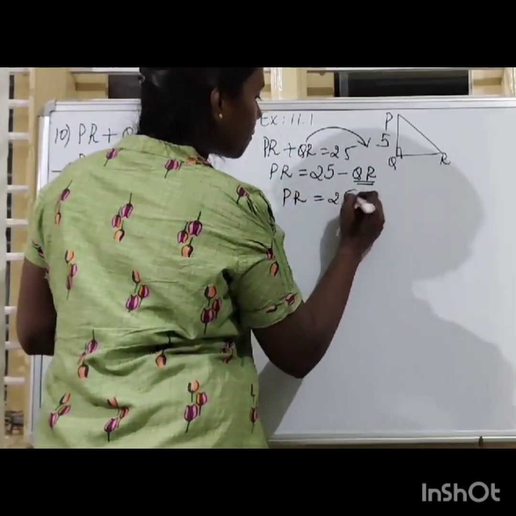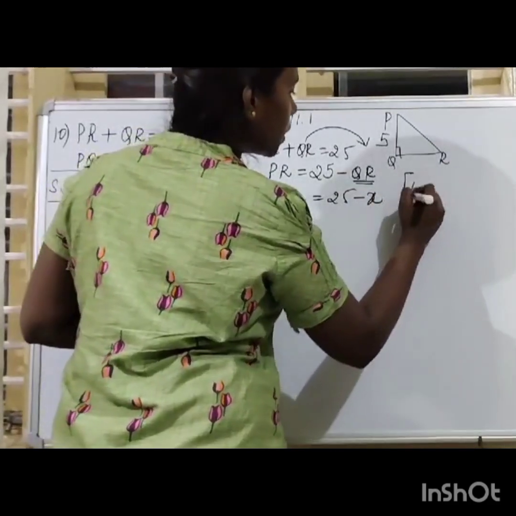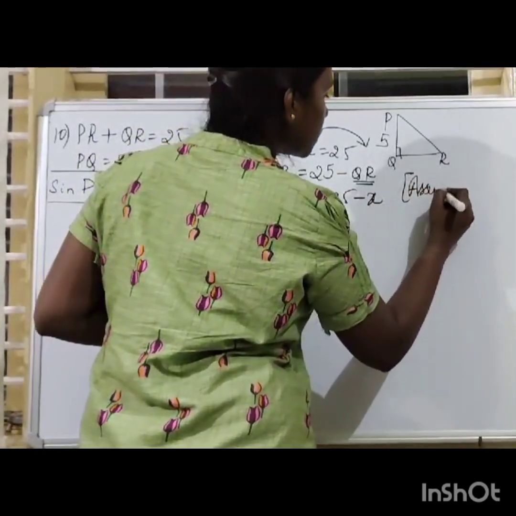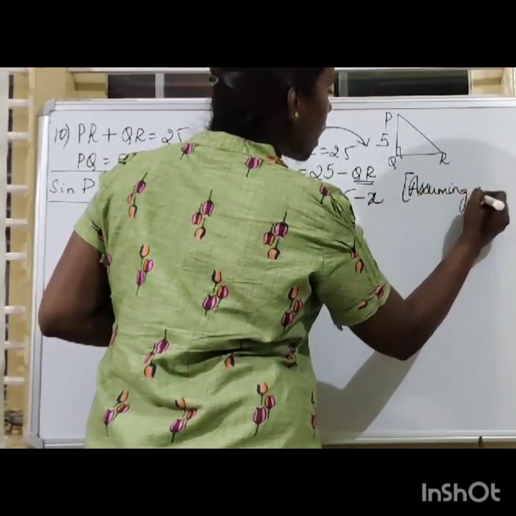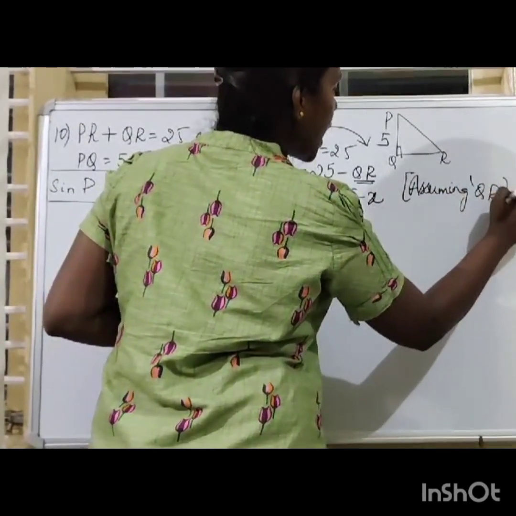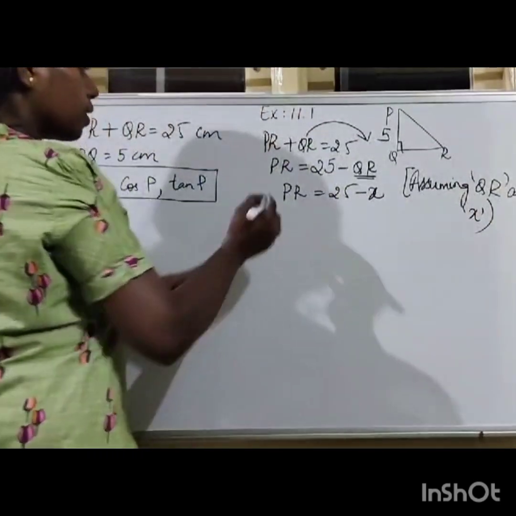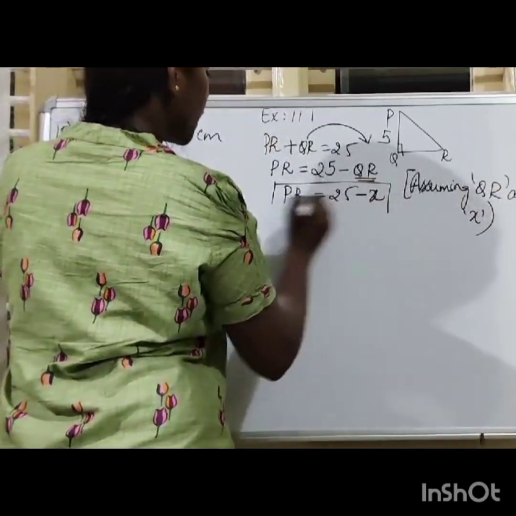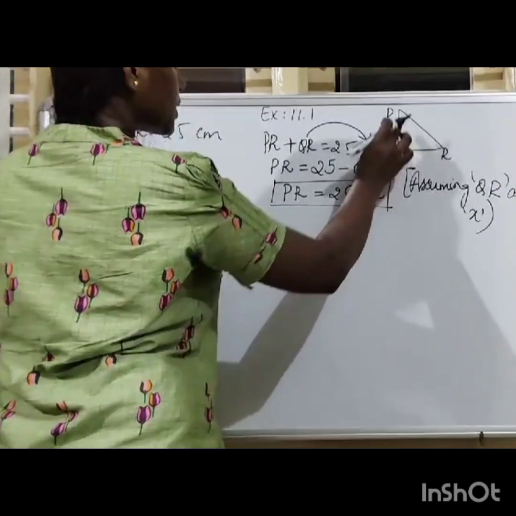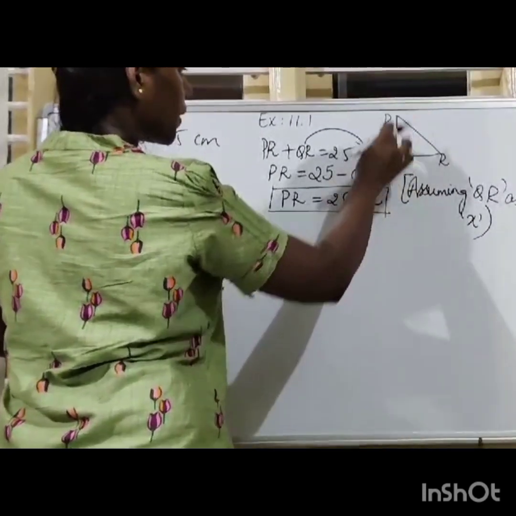So 25 minus x. We are assuming QR as x. Now we have got PR as 25 minus x. QR we don't know. PQ is 5.